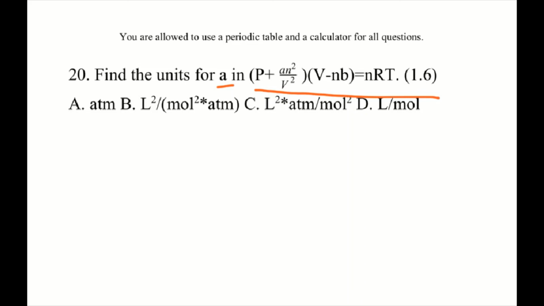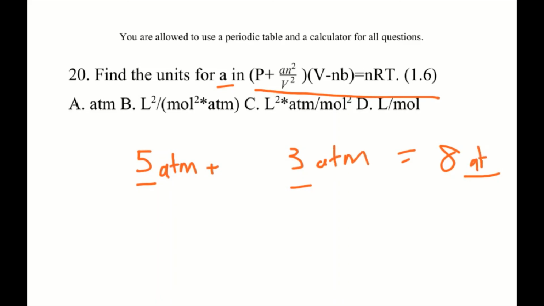Well, if you want to add 2 numbers together, like 5 plus 3, don't these two have to have the same unit so that when you add them together, they have only 1 unit for the answer? So if this was in ATMs, and this was in ATMs, then this answer should be in ATMs.